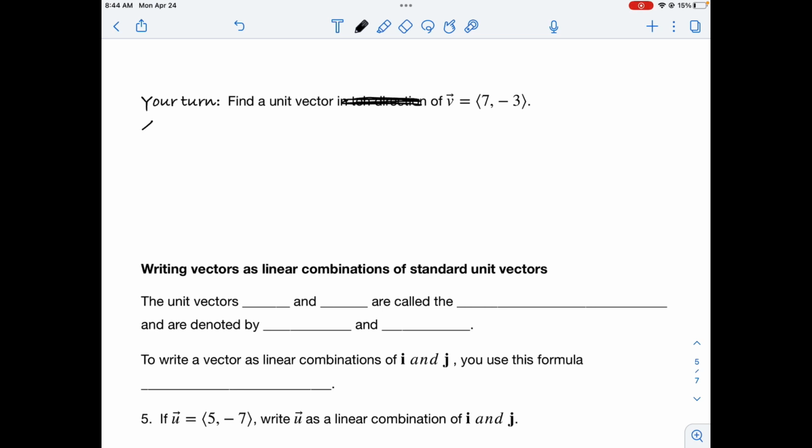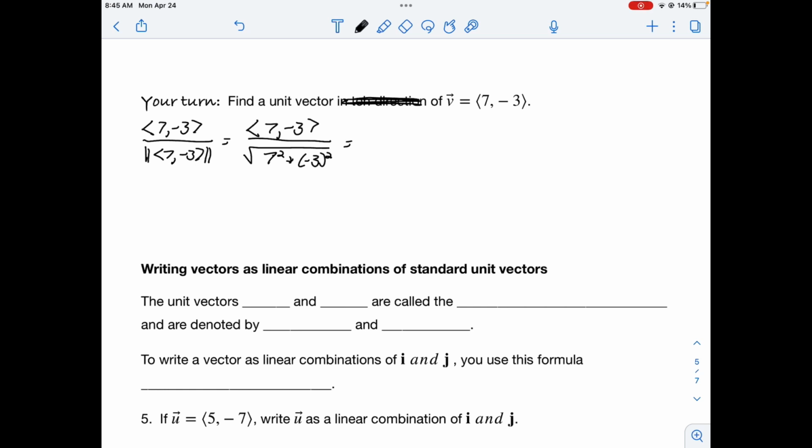Okay, to find the unit vector of v, remember you take the given vector and divide by the magnitude of that vector. And remember, the magnitude of a vector in component form is the square root of the x component squared plus the y component squared, which will give us the square root of 49 plus 9.